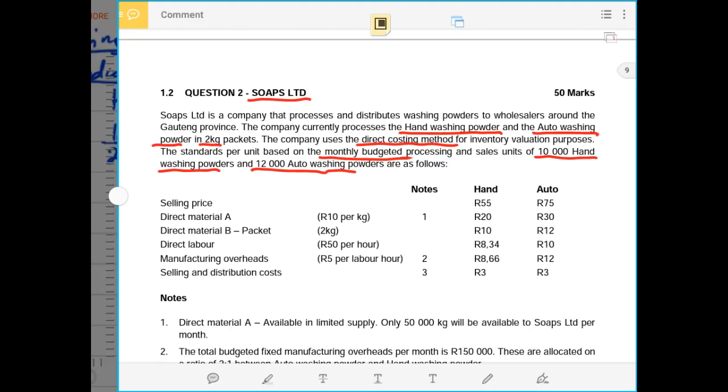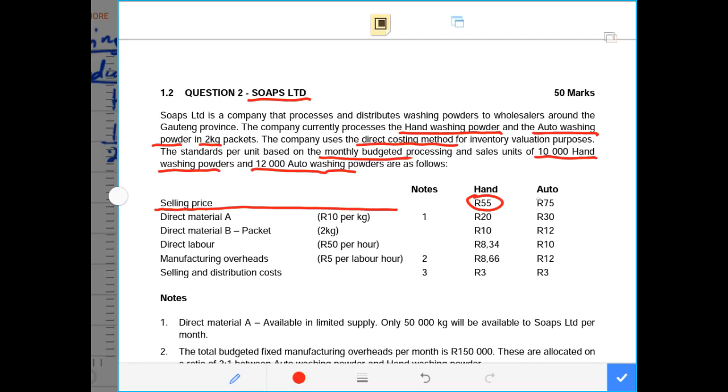So now we go to the information provided to us, where they gave us the standard information in units. We are given the selling price per unit, which is 55 Rand and 75 Rand for hand and auto. Then we are provided with the direct material, and the direct material is 10 Rand per kg, which is 20 Rand per unit and 30 Rand per unit.